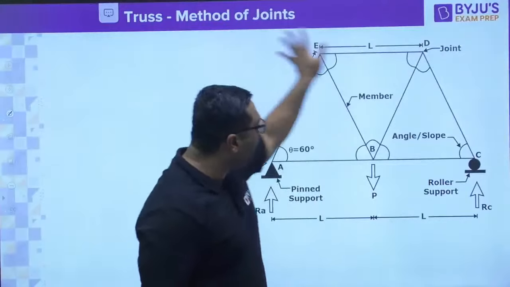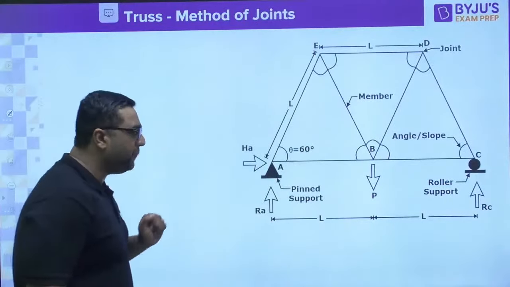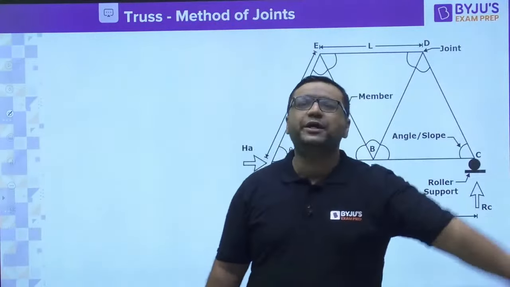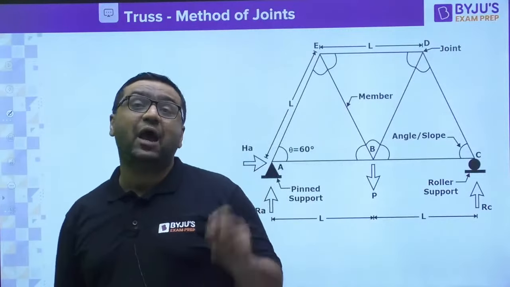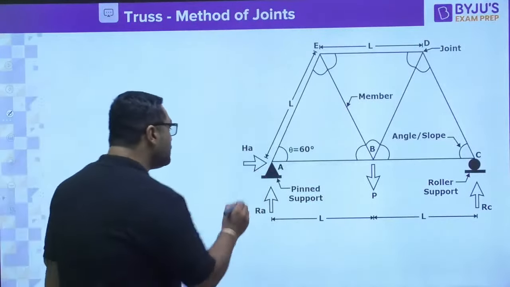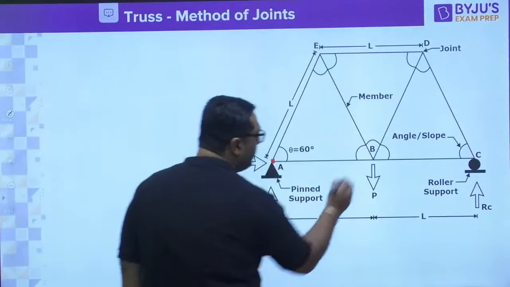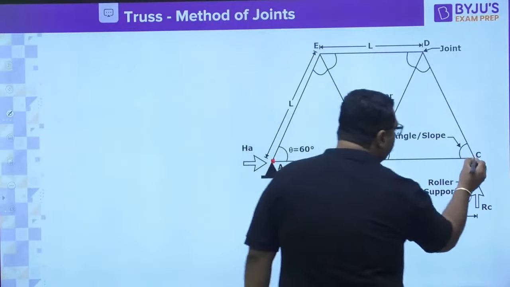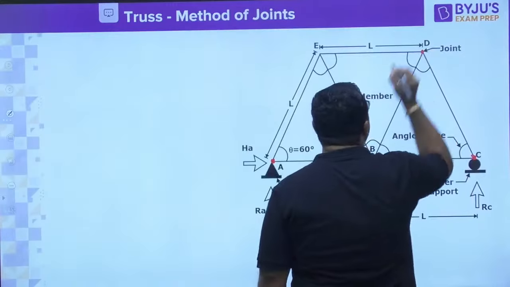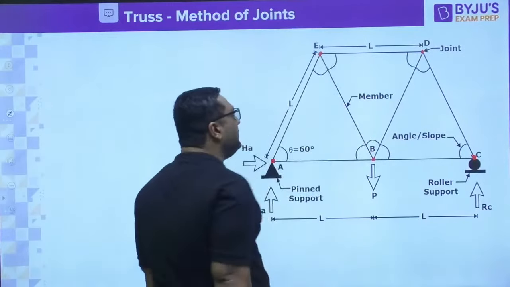So obviously this entire truss is in equilibrium, and if the entire truss is in equilibrium, then every joint is in equilibrium.